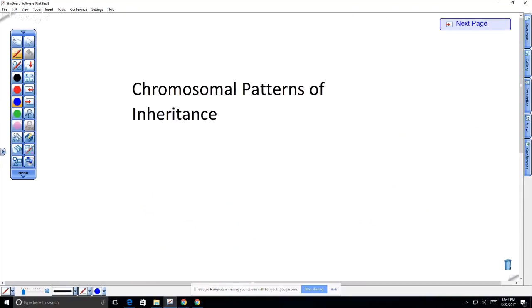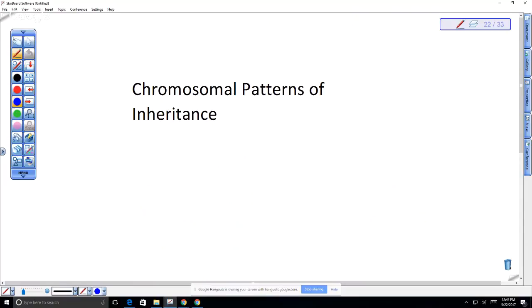Okay. So next we're going to talk about how the chromosomes play in relationship to patterns of inheritance. And we've already looked at sex-linked inheritance. So now we're going to look at linkage in terms of autosomes, because there are obviously a lot more autosomes than there are sex chromosomes.